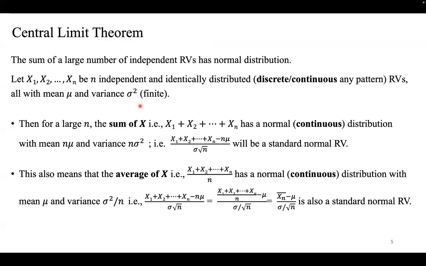Let's say we have many independent and identically distributed random variables. We are not interested in what their original distribution is. They can be discrete, they can be continuous, whatever it is. That distribution would have a mean and it would have a variance, right?